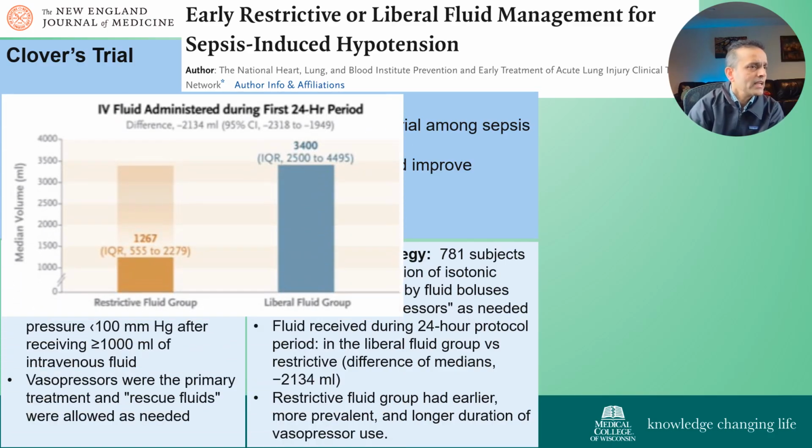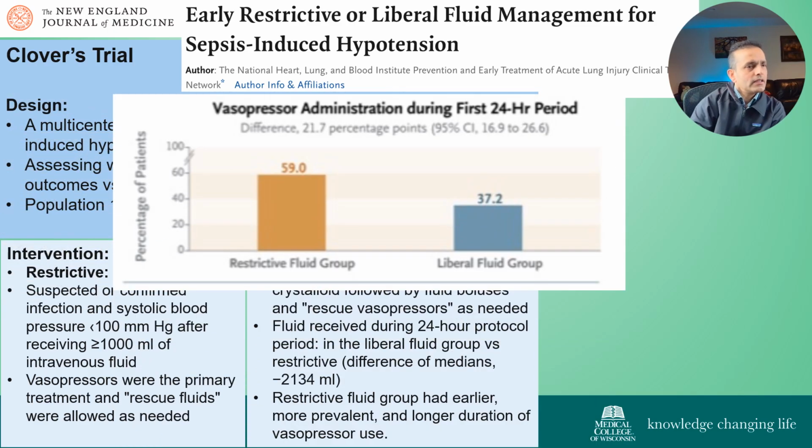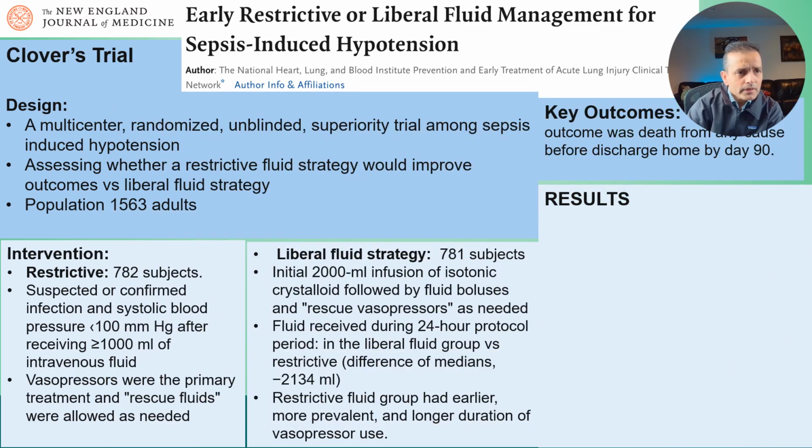As you can see, the median fluid was 1.2 liters in restrictive, and the liberal fluid group had 3,400 mL of fluid. And then look at the difference in vasopressors: more vasopressors obviously in restrictive, because that's the main therapy there. Talking about key outcomes, the outcome was death from any cause before discharge home by day 90.